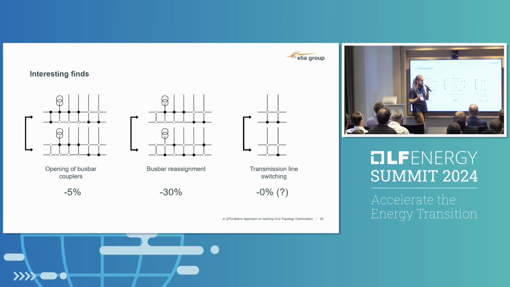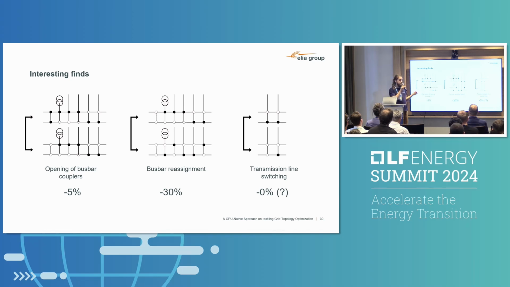And then we had a really interesting phenomenon. We offered to our optimizer to do transmission line switching, and it just rejected doing it. In between, intermediate states had transmission line switching, but the converged solution just tends not to have it.